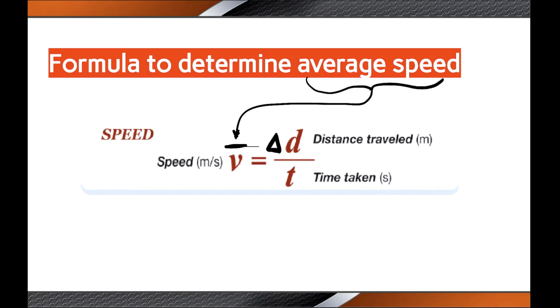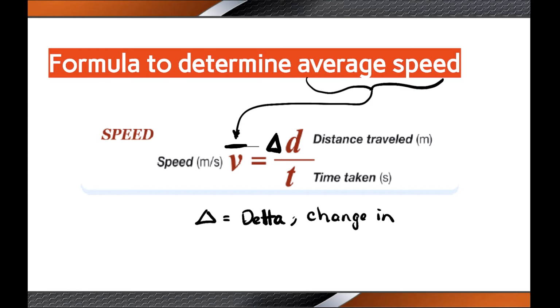Now that triangle, what exactly does the triangle represent? It represents the Greek symbol delta. Delta means change in. So if you see a triangle in front of one of our variables, it just means that it's a change in.